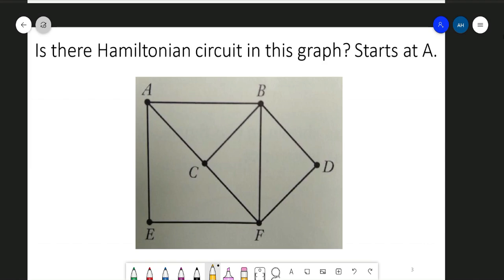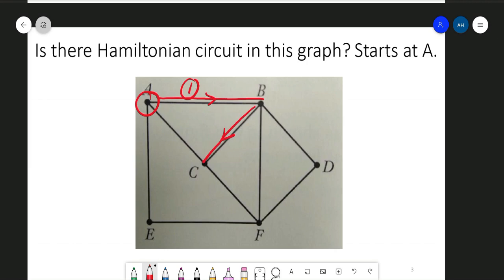Let's try to trace our route starting from this vertex. Suppose that we go from A to B. This is our first path. We take the road from A to B first, and then maybe we go from B to C. That's our next destination.